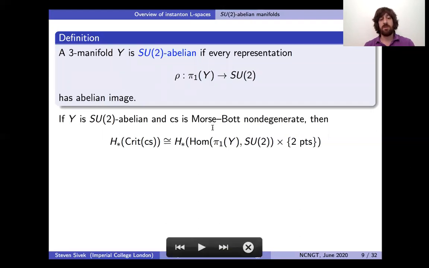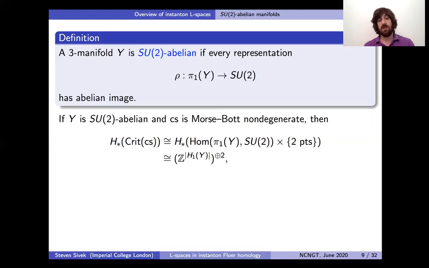So if we have an SU2 abelian manifold and Chern-Simons is Morse-Bott non-degenerate, well, we know from the previous slide that the homology of the critical set is just 2 copies of the homology of the representation variety of Y itself. And if there are only abelian representations, we can compute by an exercise that the homology of that representation variety is just Z to the order of H1 of Y.